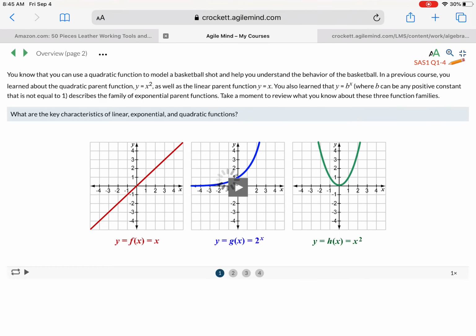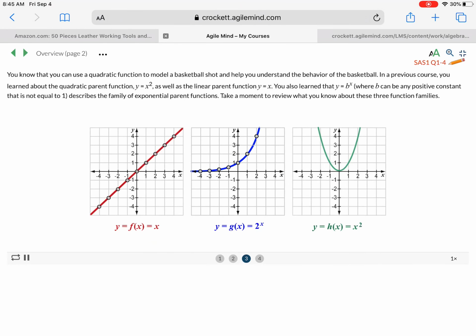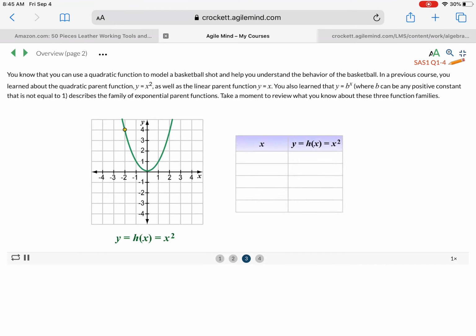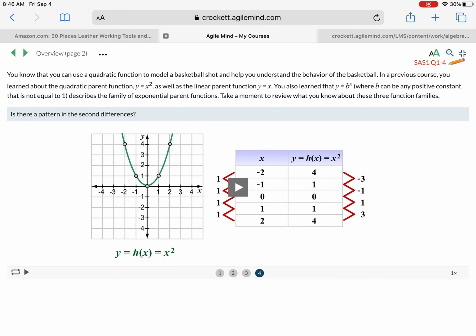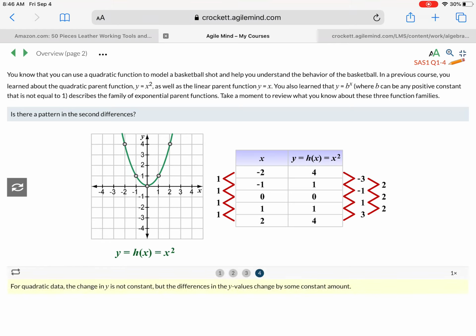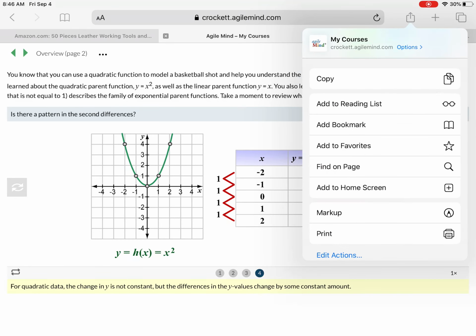All right, last is, let me back up. Last is our quadratic function. This is a positive quadratic function. You'll see that it is y equals x squared. Okay. Now, if you look on the y side, the difference in those numbers are not the same. Okay. But when I click number 4, you noticed that the second column of numbers is the same.